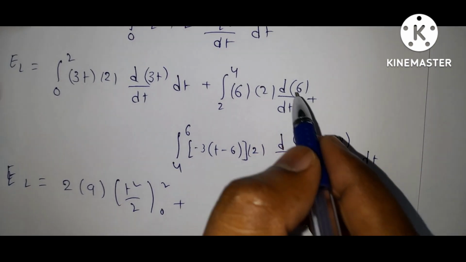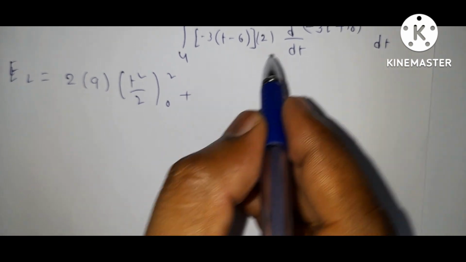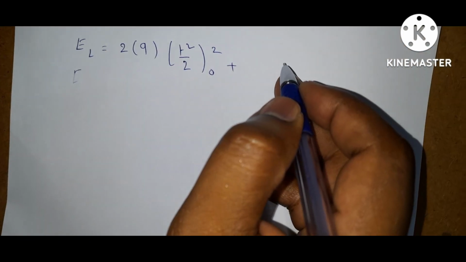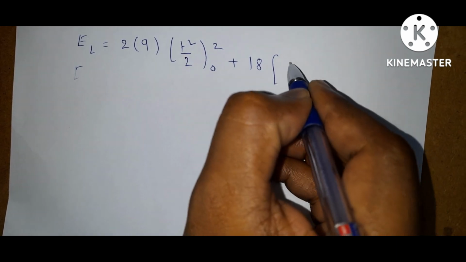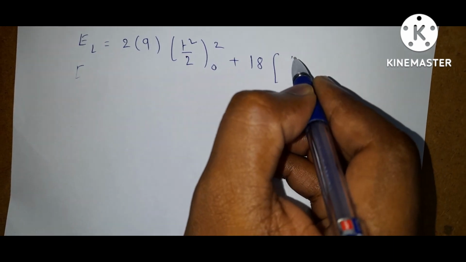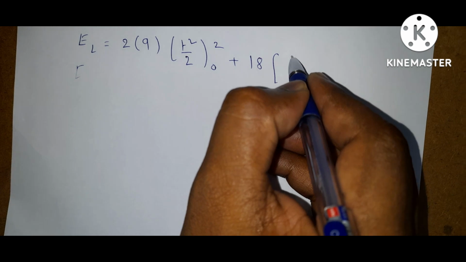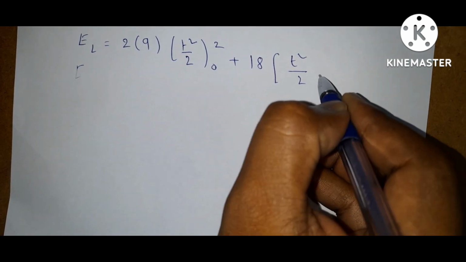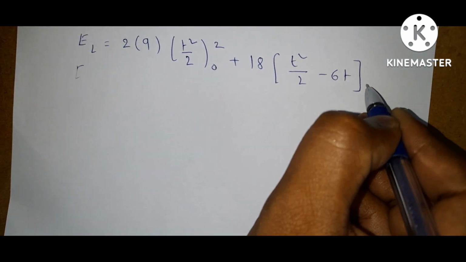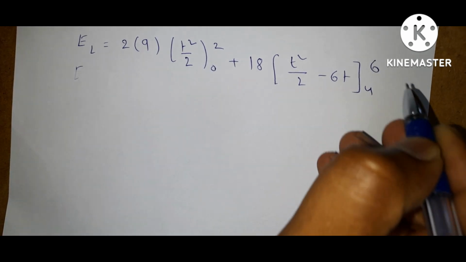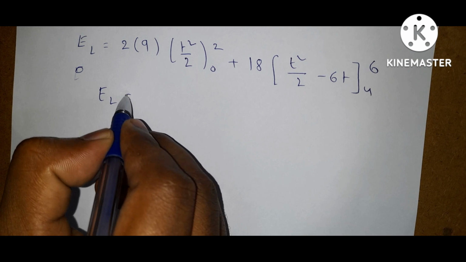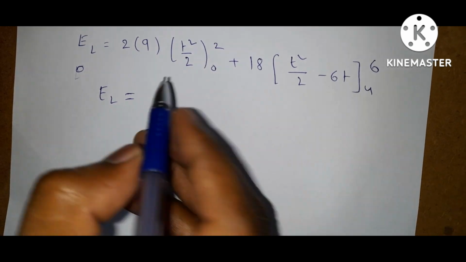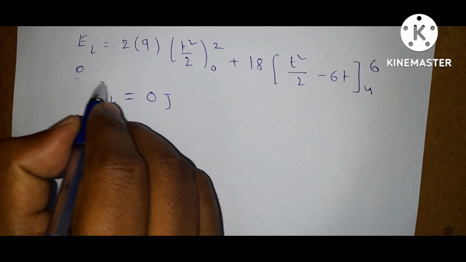Okay, for the last term, 18 into, you will get t square by 2 minus 6t, from 4 to 6. So finally, if you apply limits, you will get 0 joules.